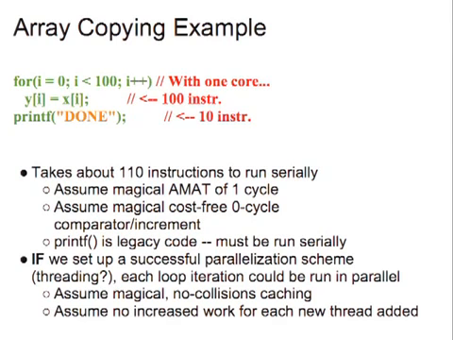Very simple. So if we think about this, under a couple of assumptions, this takes about 110 instructions to run serially. This assumes some magical, mystical, handed-down-by-the-gods AMAT of one cycle. Similarly, we're assuming a magical, cost-free, zero-cycle comparator and increment for the actual for loop.